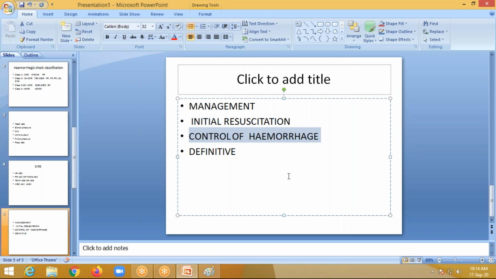So this is hemorrhagic shock, and there are other shocks also. Were other shocks elaborated in your class or not? If not, I will take them from next class onwards. Can anyone reply? Do you understand this hemorrhagic shock or not?